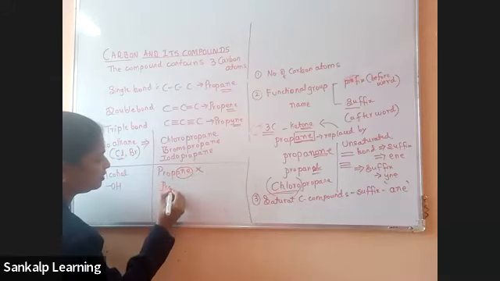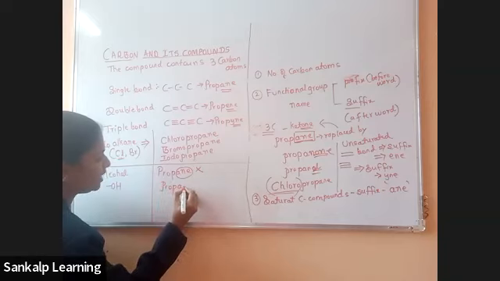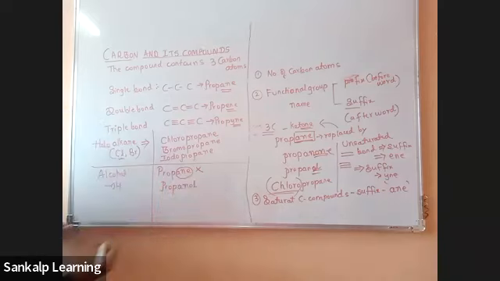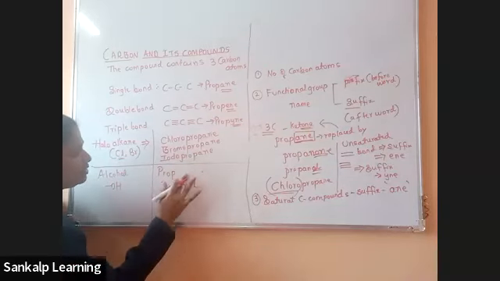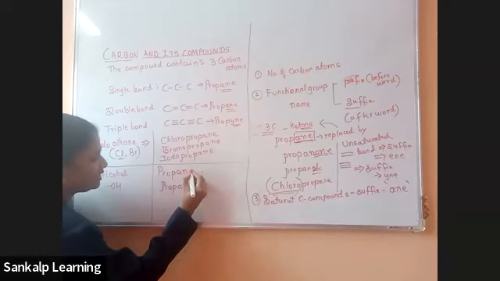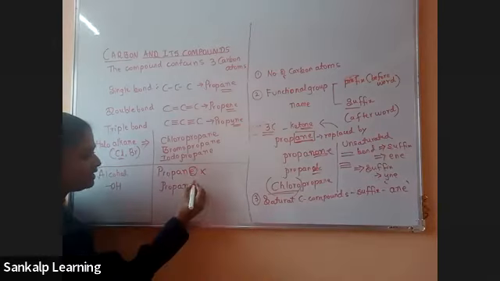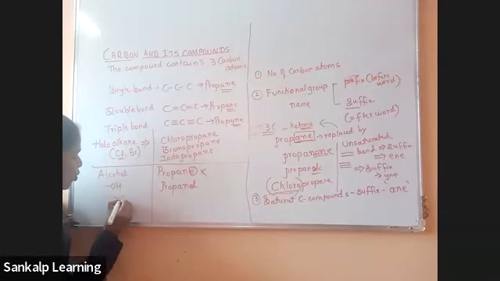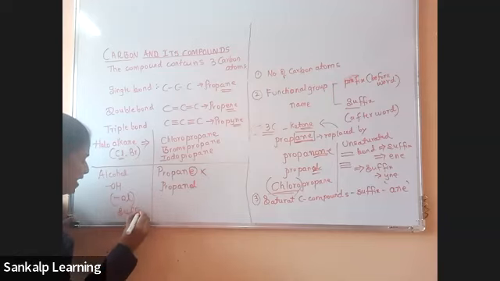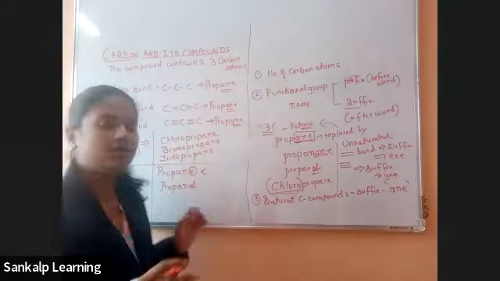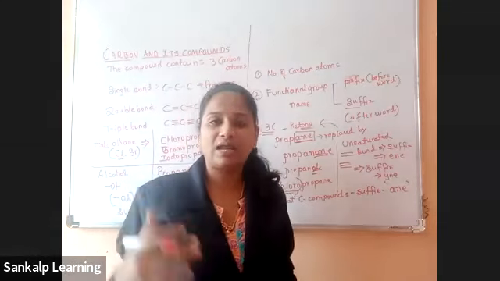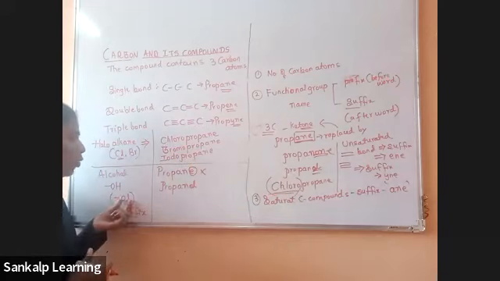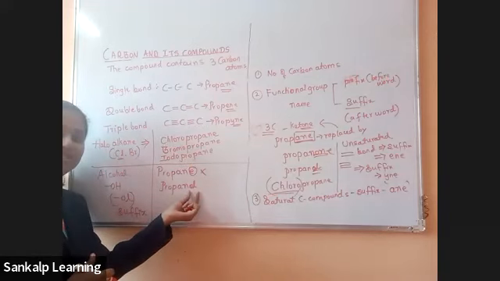It will be replaced by propanol. Okay, so here what happens? Here propane will be there, E will be removed, and E is replaced or displaced by OL. So OL will be the suffix. When alcohol is attached to the propane, means to the carbon atoms, then it will be OL. The suffix will be OL.